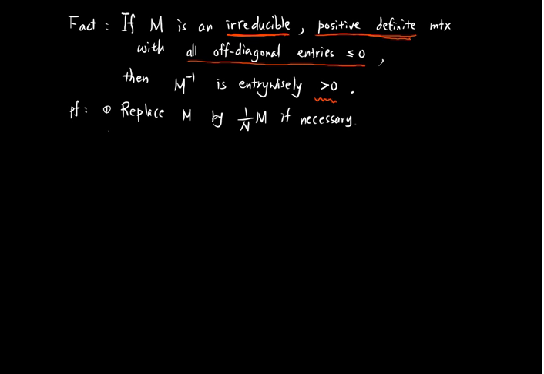And by scaling, we may assume this M matrix has certain properties, such that the diagonal entries are not going to be too big. We pick a large N such that the diagonal entries are very small. This should be doable. And also we want every eigenvalue to be small.